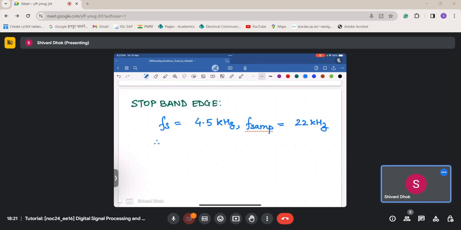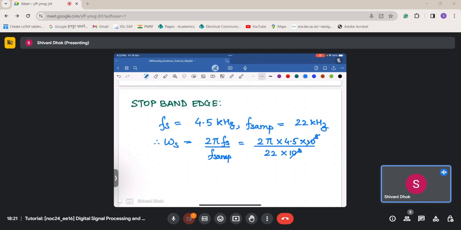So this omega s, the normalized frequency, will be 2 pi Fs upon F sampling, which comes out to be 2 pi into 4.5 into 10 raised to 3 divided by 22 into 10 raised to 3.